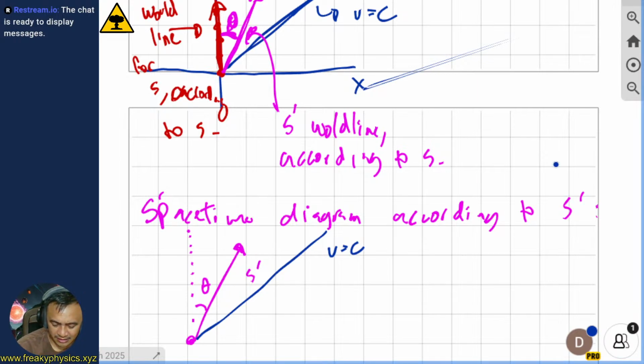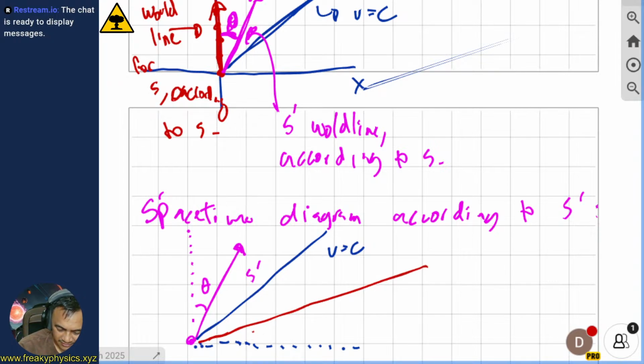Let's just keep it like that. Now the space-time diagram according to S prime will also be... So here's the idea. I'm going to use red in this case. I'm going to draw another line like this, and that's also going to be theta here.